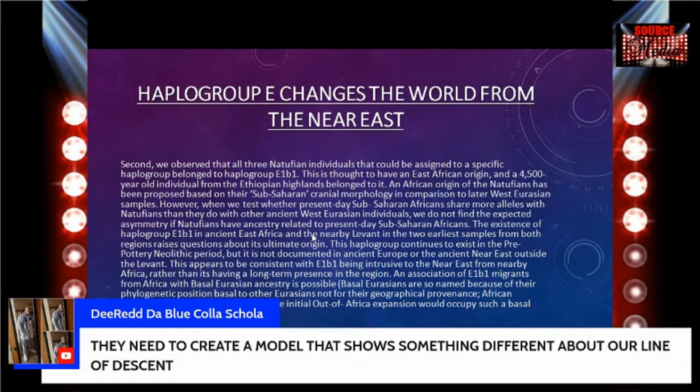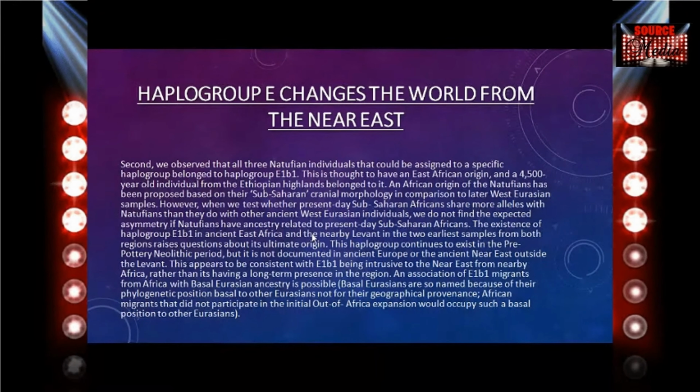Basal Eurasians are so named because of their phylogenetic position basal to other Eurasians, not for their geographical prominence. African migrants that did not participate in the out of Africa expansion would occupy such a basal position to other Eurasians. So EP2 would occupy that basal position, which is what I've been arguing through all the slides I've been presenting so far.